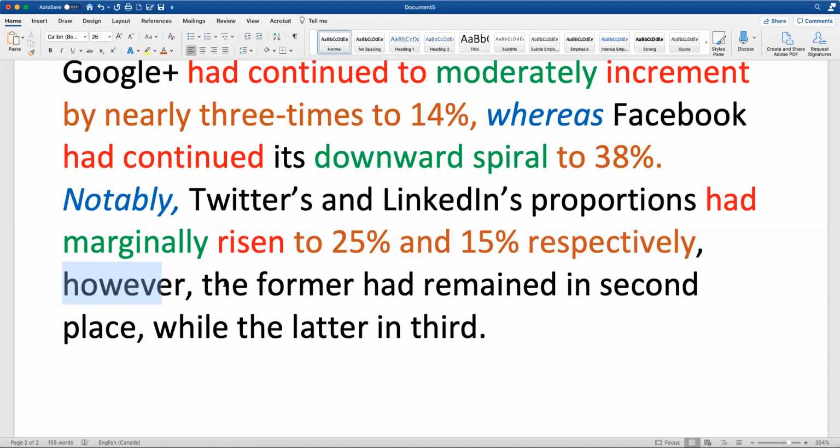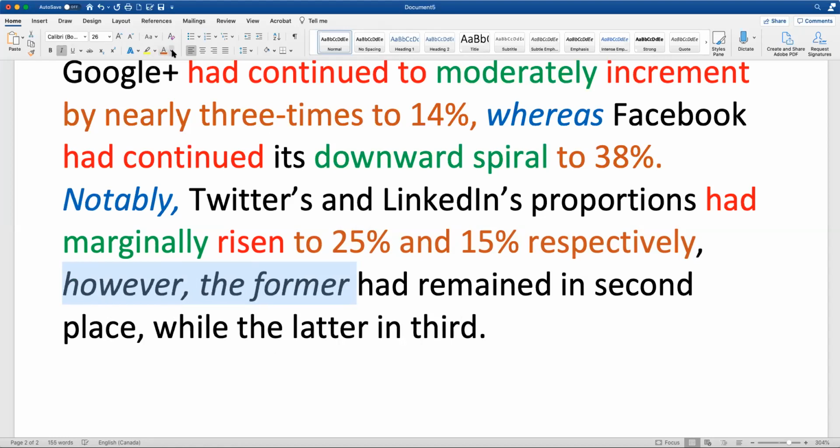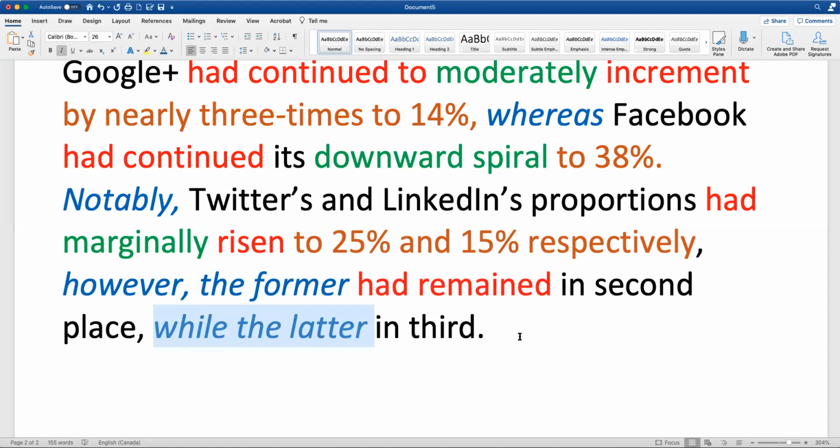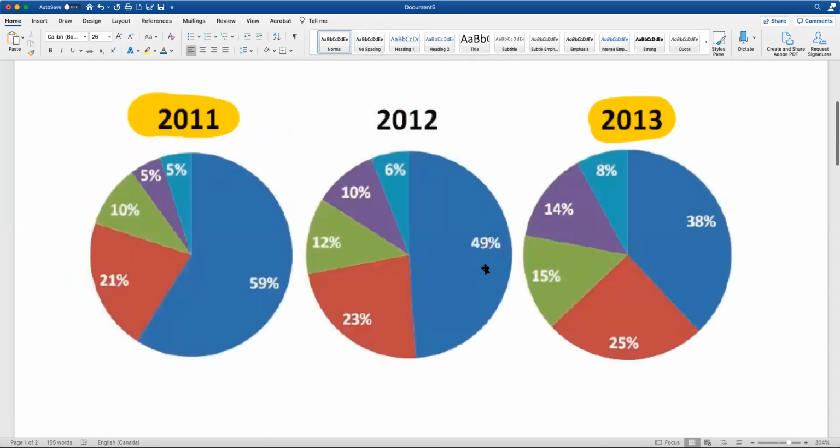I just emphasized their position here just to make it look a little bit better. So notably, Twitter's and LinkedIn's proportions had marginally risen to 25% and 15% respectively. Over here, we can see that 25%, 15%.